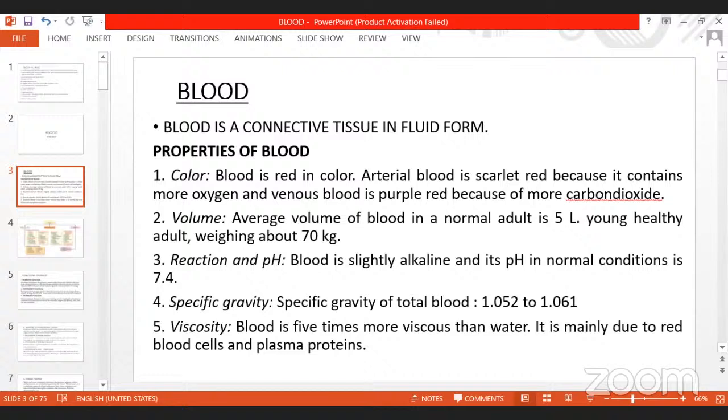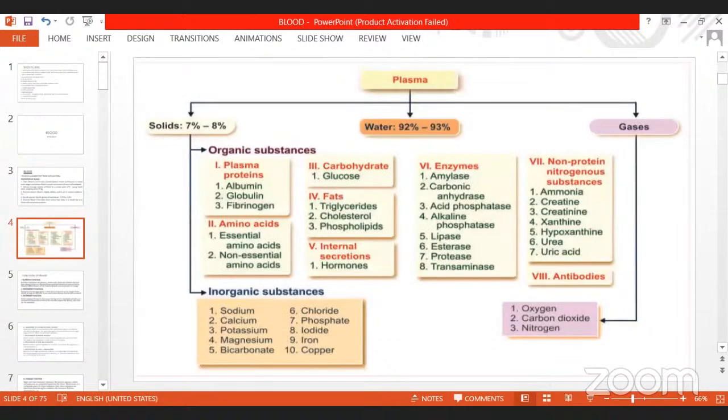And specific gravity of total blood is 1.052 to 1.061, and the blood is more viscous than water, and it is due to red blood cells and the plasma protein.